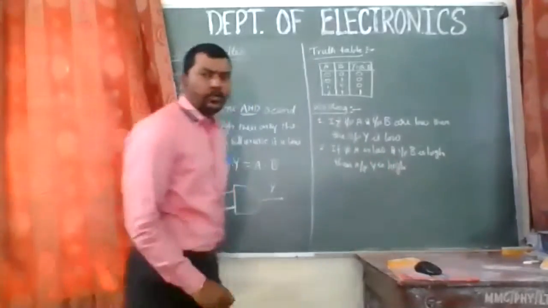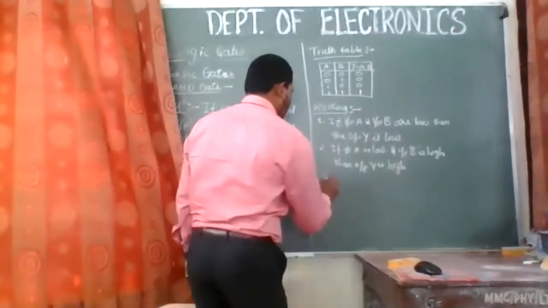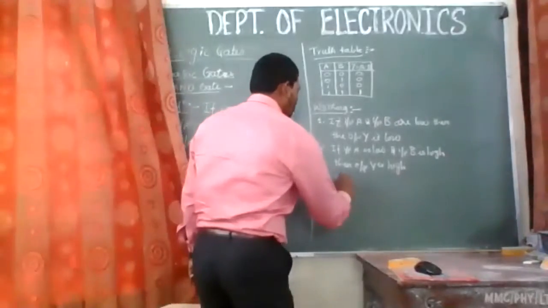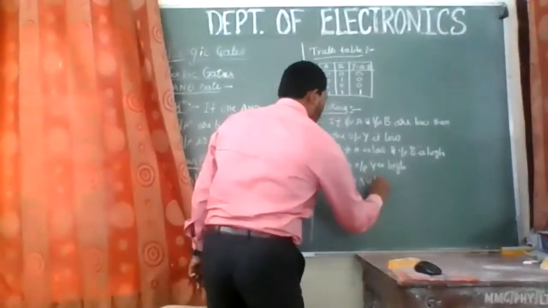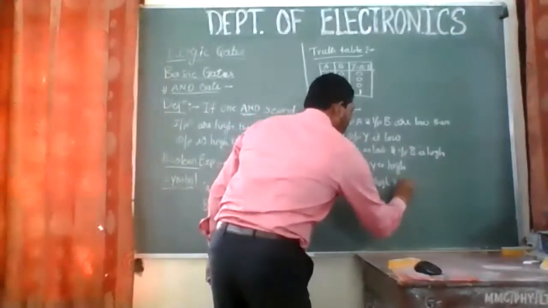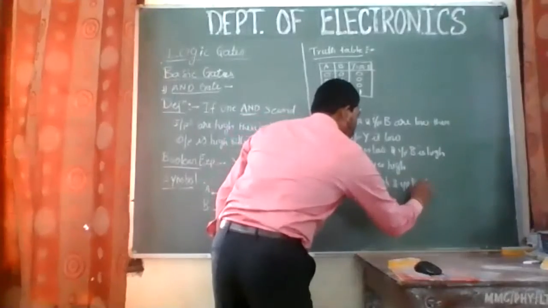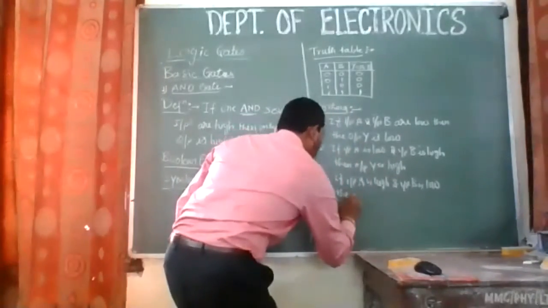This is how we are expecting you to write, right? So this is the second working. Then we have the third: if input A is high and input B is low, then the output is low.